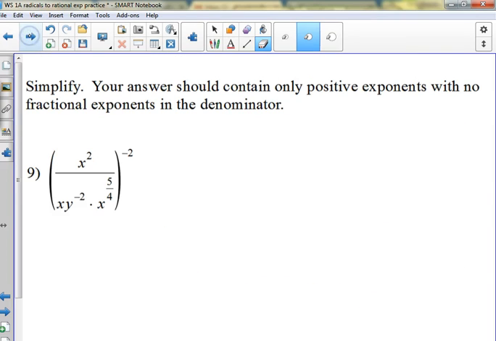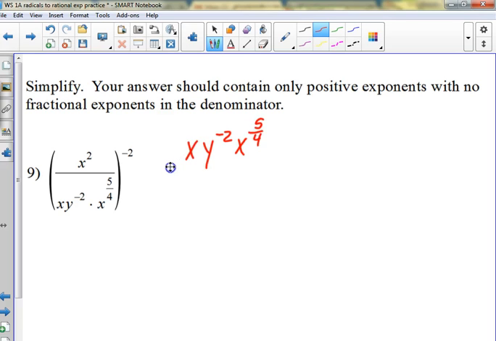Let's keep going. Number 9. What do you want to do first? You want to clean it up inside and then flip it over, or you want to do this -2? You want to flip it over first? Okay. Now there's still what out there, though?